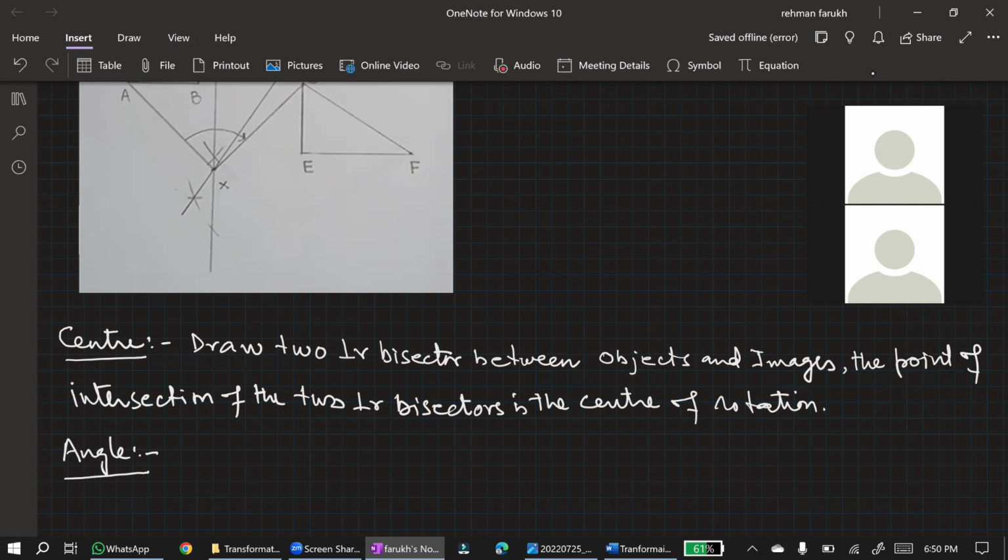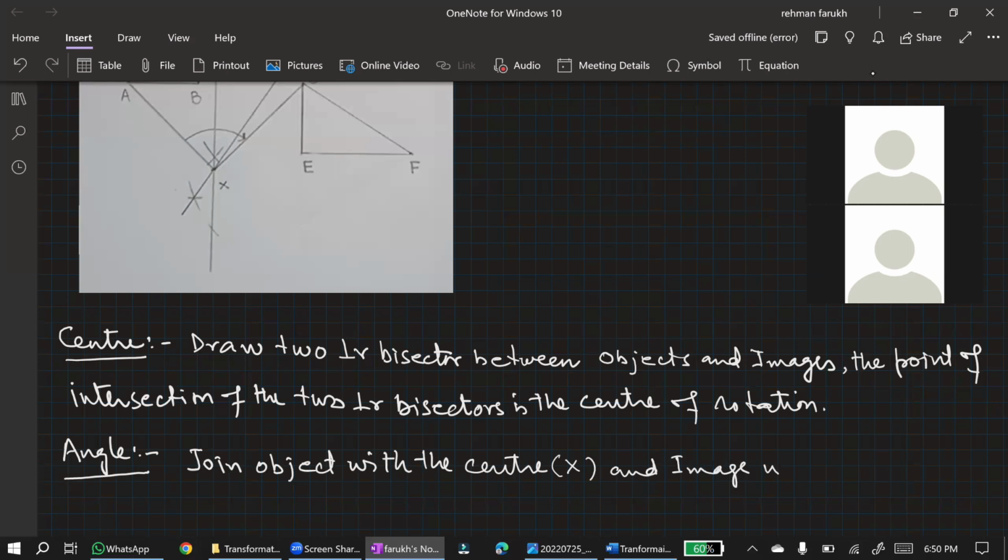Join object with the center, in this case the center is X, and image with the center.